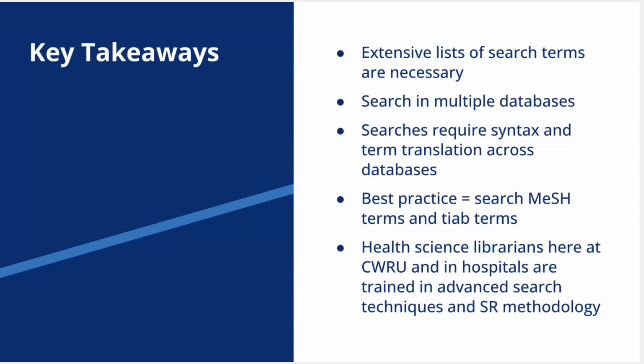The search that you develop for one database will need to be translated to other database platforms to maintain consistency and to help you find relevant articles across database platforms. It is best practice to search for both subject headings as well as free text words in the titles and abstracts whenever possible. And finally, it's highly recommended that you work with a health sciences librarian to develop a systematic search strategy, because they are trained specifically on this topic.